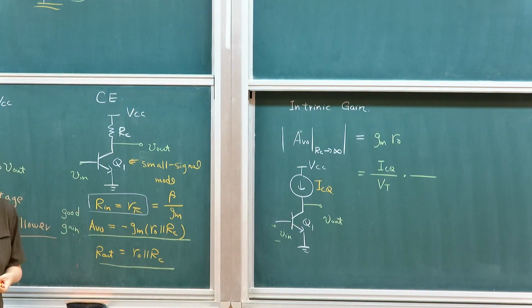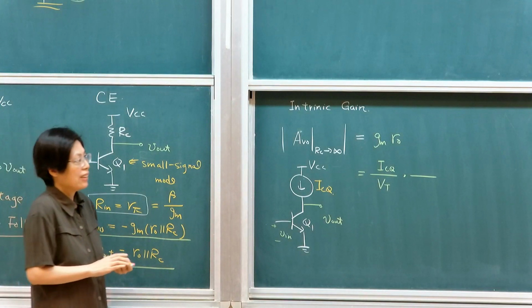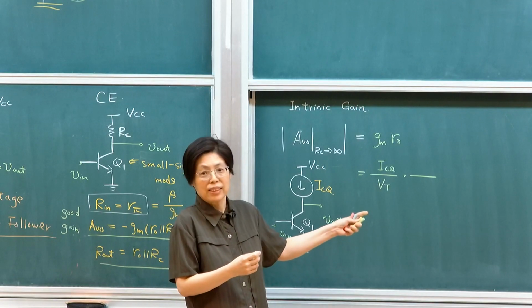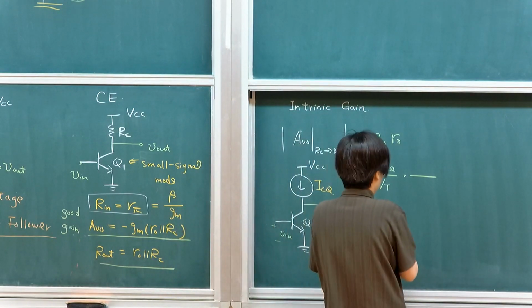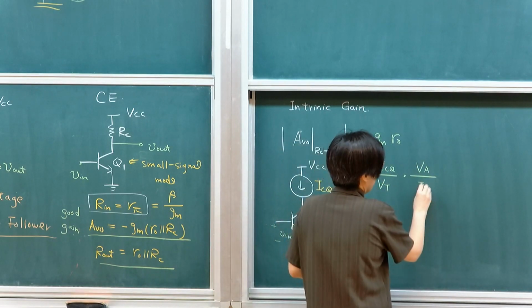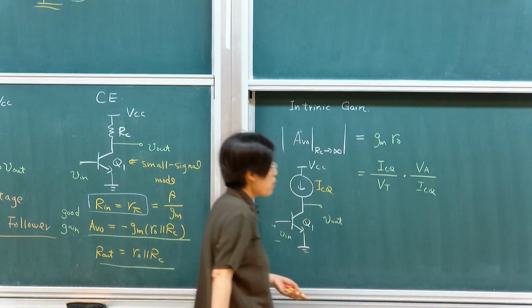What is output resistance for a bipolar junction transistor? Output resistance, come on. VT? No VT. What? Correct. So early voltage divided by ICQ.